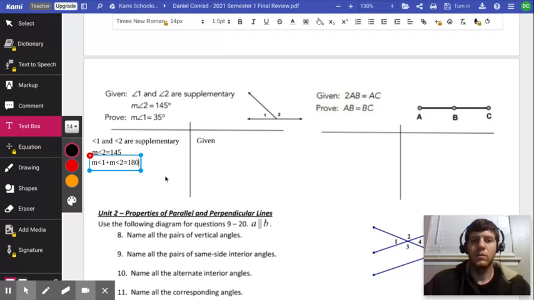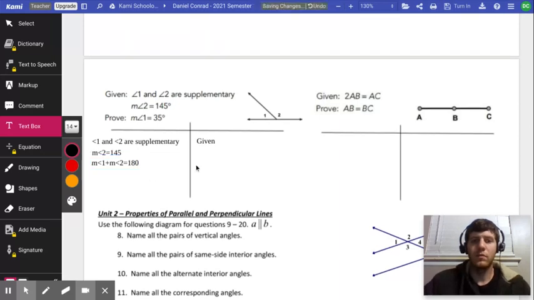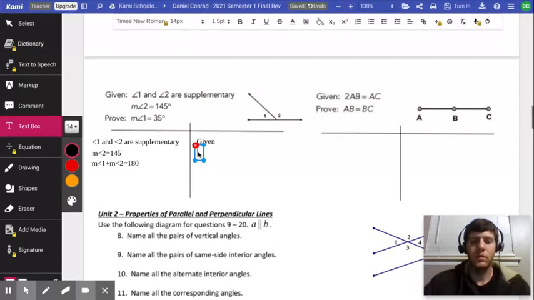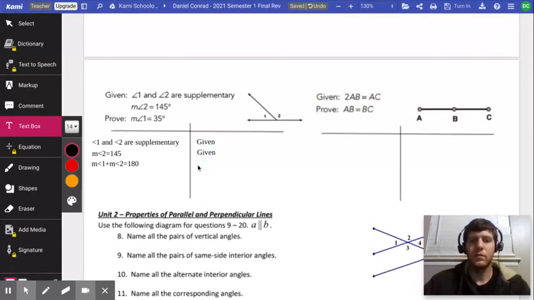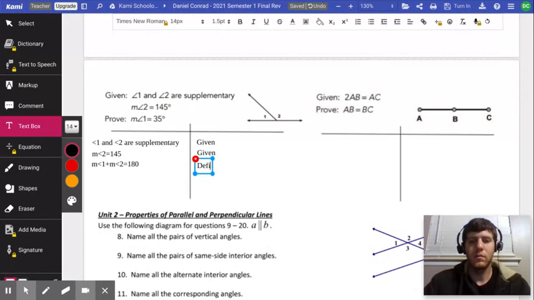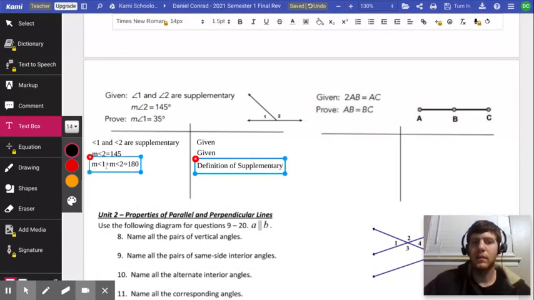That is your definition of supplementary. Supplementary angles are 2 angles that add up to 180.